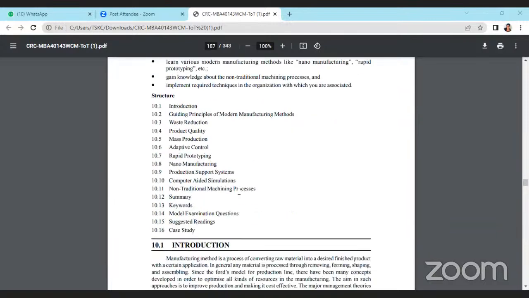Modern manufacturing methods: under this, we have nano manufacturing, production support systems, computer-aided simulations, non-traditional machining processes, adaptive control and mass production. They are looking after this.